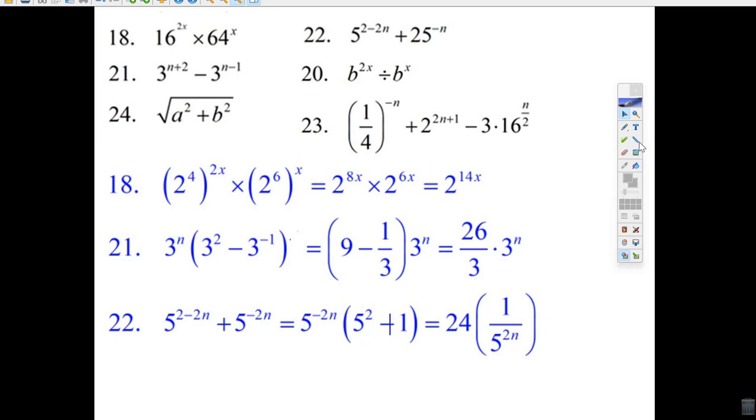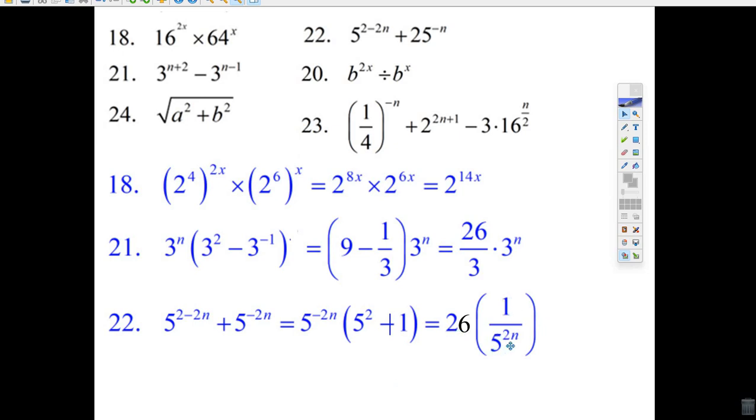And what's 25 plus 1? 25 plus 1 equals 26. So that's going to be a 6 right there. It's got to equal 26.